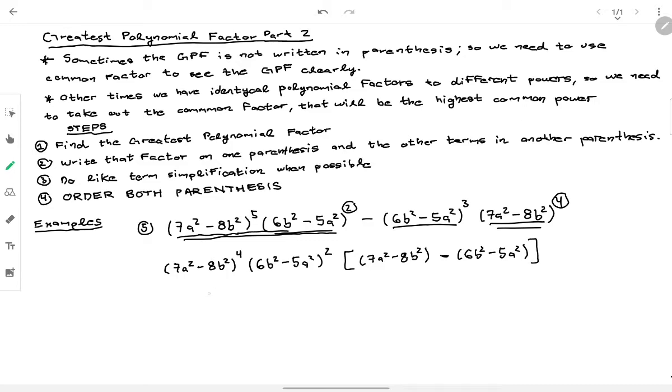So in this case, it's going to be 7a squared minus 8b squared to the 4th multiplied by 6b squared minus 5a squared to the 2nd. Then on the last parenthesis, it's going to be 7a squared minus 8b squared. Remember, this minus sign will change the sign of both of them, so it's going to be minus 6b squared plus 5a squared.